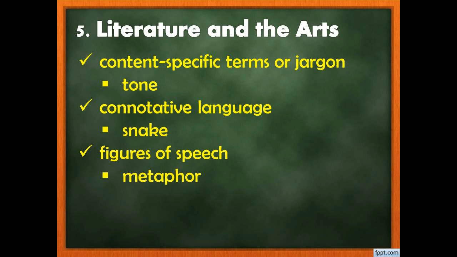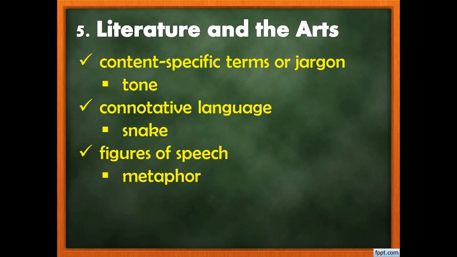And lastly is the figures of speech. Most literary texts contain figures of speech, so you must also familiarize them so that you can understand the material better. An example of a figure of speech is a metaphor, which means a thing regarded as representative or symbolic of something else.